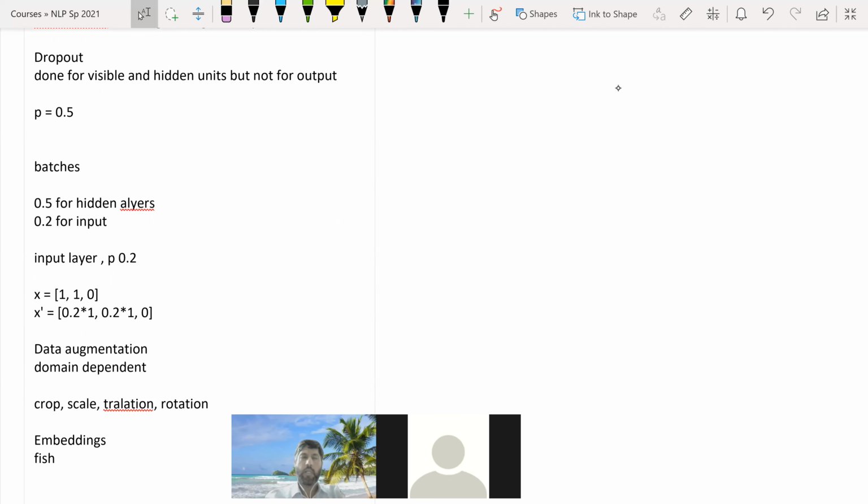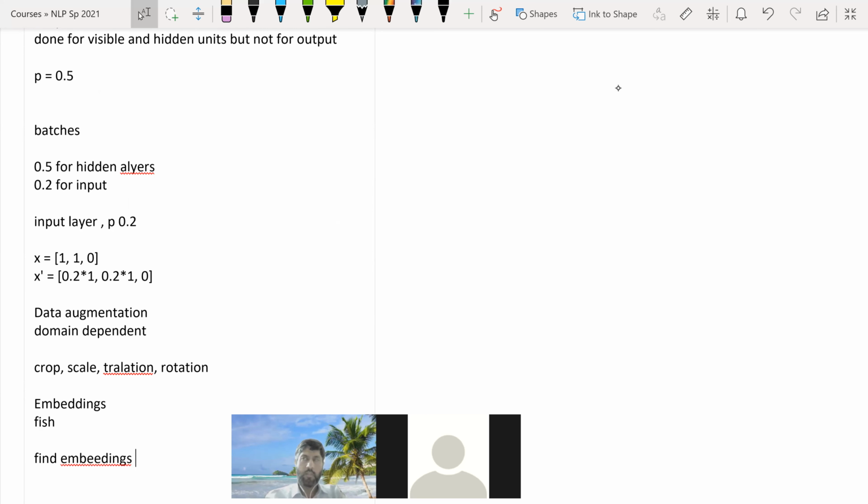But one way to generate new examples is to find embeddings that are close to, or similar to, fish.